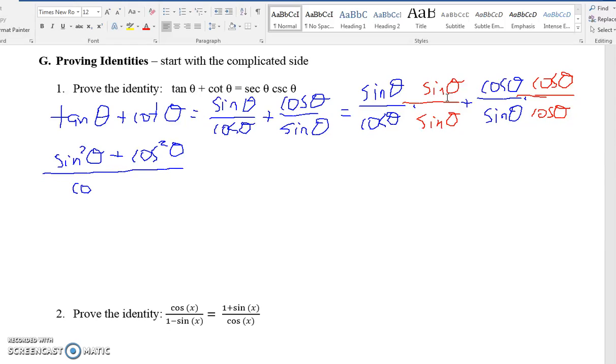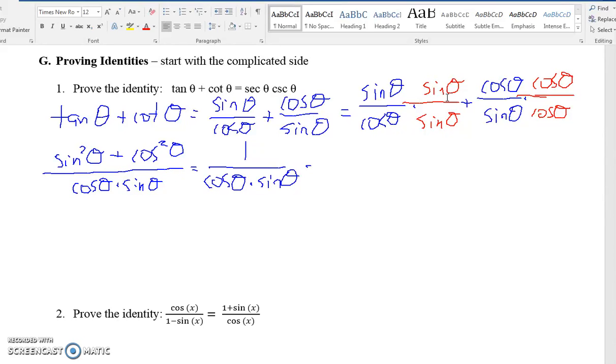In the end, I just have cosine of theta times sine of theta. Okay, so I go back up to my list of hints in my notes way up above. Hopefully by now you're recognizing that Pythagorean identity. Sine squared plus cosine squared is just 1. And that's going to be over cosine of theta times sine of theta.